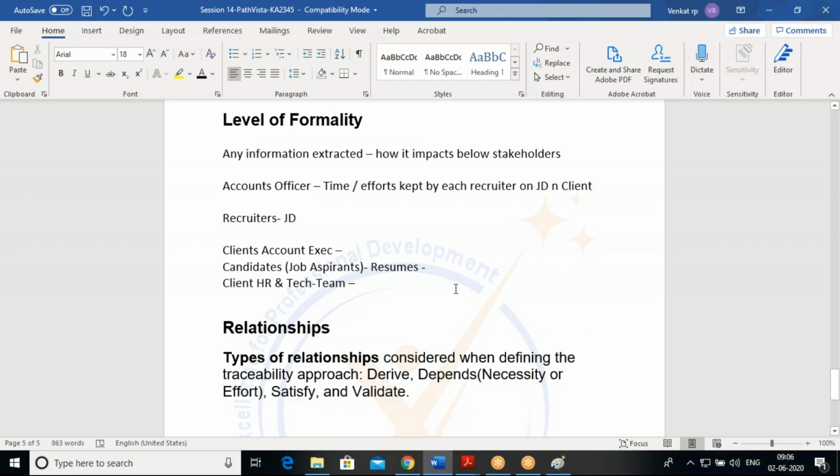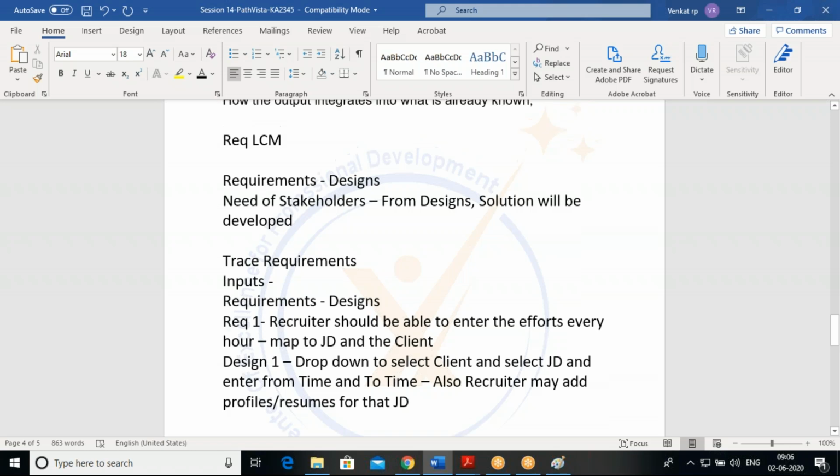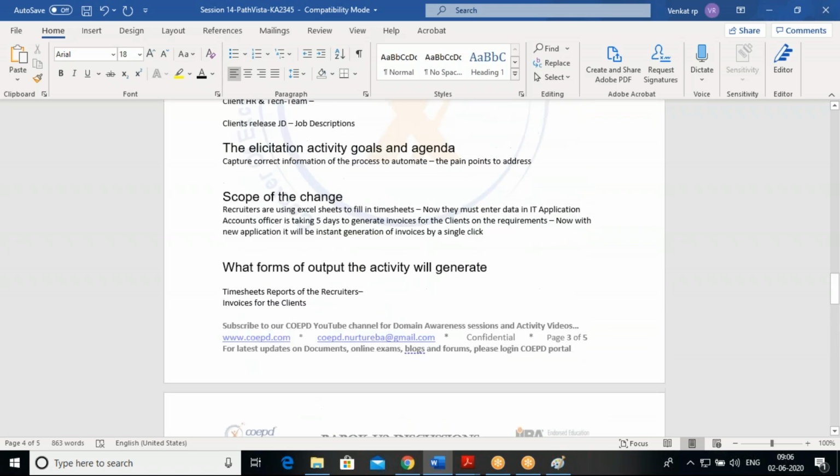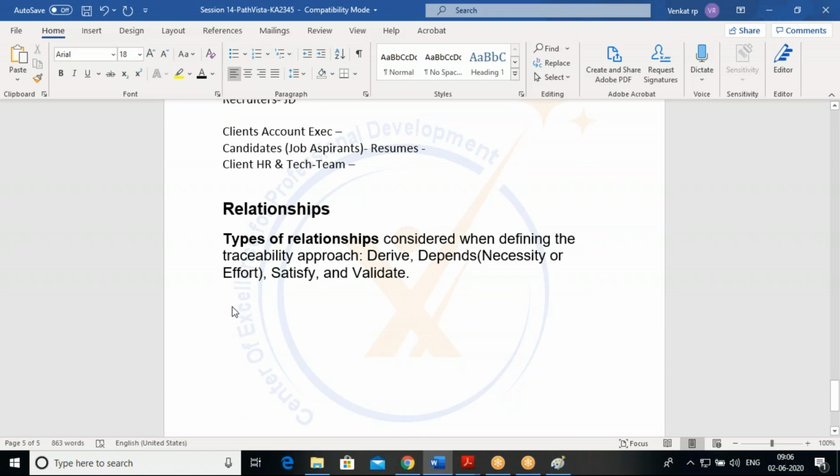Now if you want to understand the entities, you have to understand the entities as well. If you want to understand the traceability approach, here we can just look at the job descriptions.